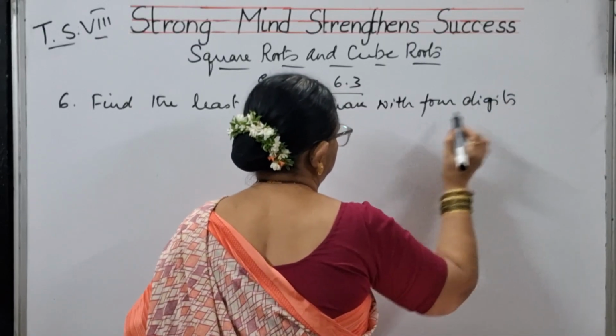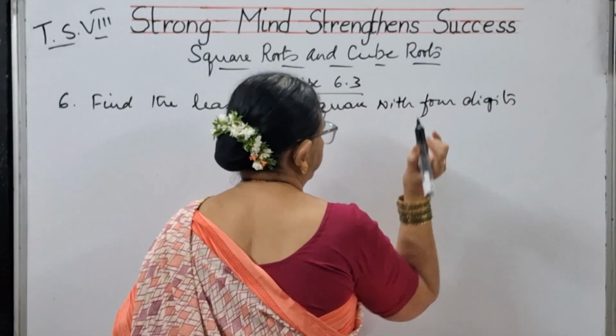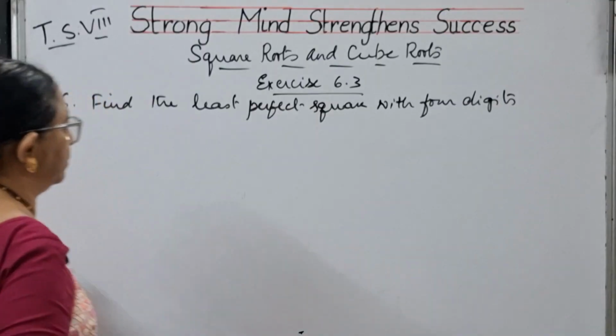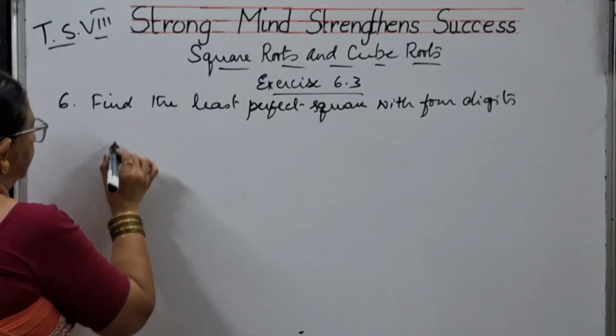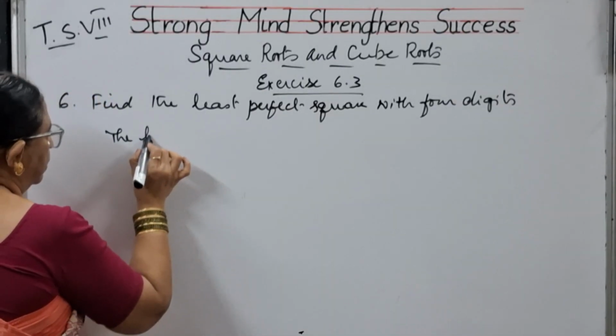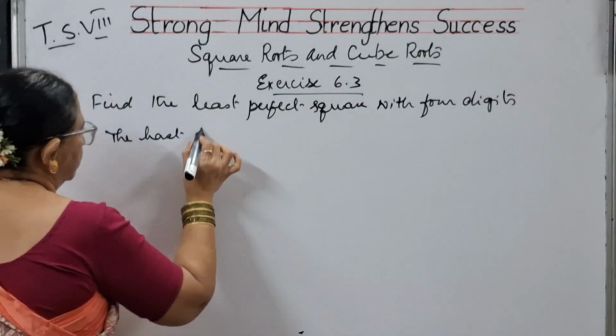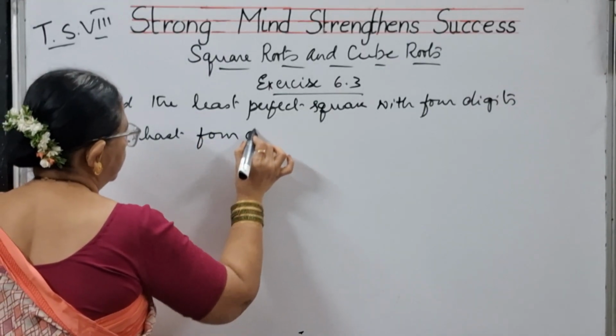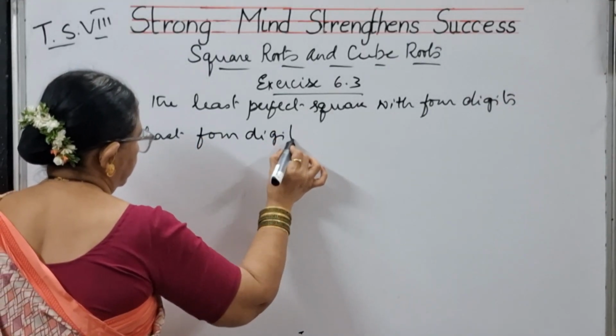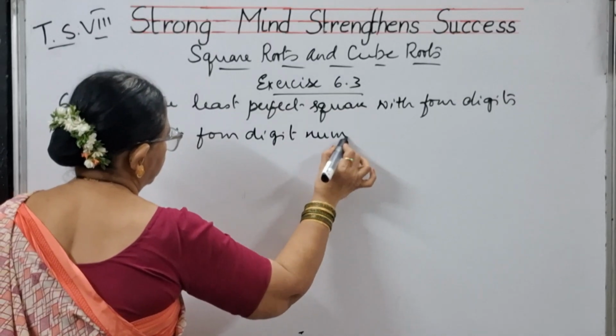This is the question. You have to find the least perfect square with 4 digits. So first let us find the least 4-digit number.